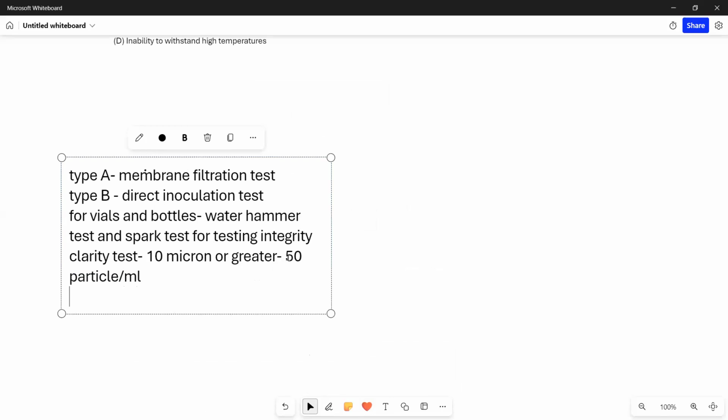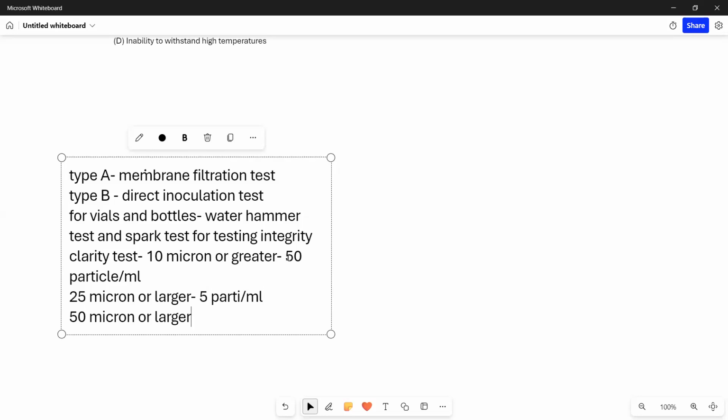If the particle size is 25 micron or larger, not more than how many particles? 5. Great. 5 particles per ml. And for particle size of 50 micron or larger, nil.